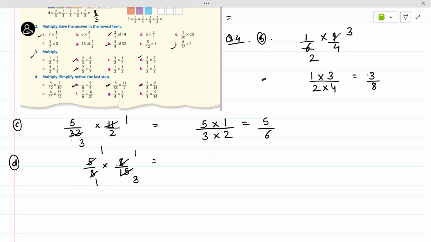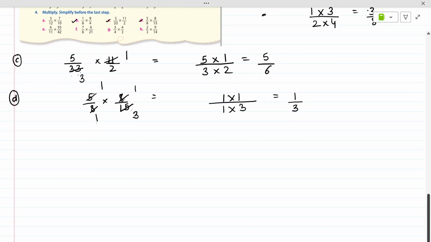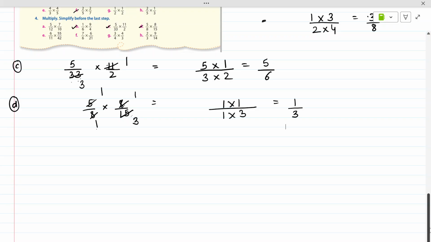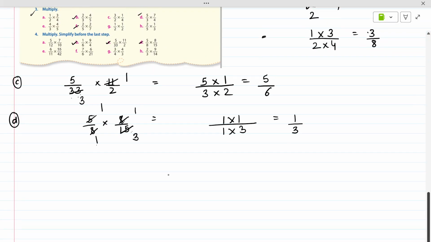So that means in the numerator, we have this one multiply with this one. And in the denominator, we have this one and 3. So the answer will be 1 by 3. Okay, easy. So kids, these questions, they are very, very easy. You should just know the common factors and you need a little bit of practice.